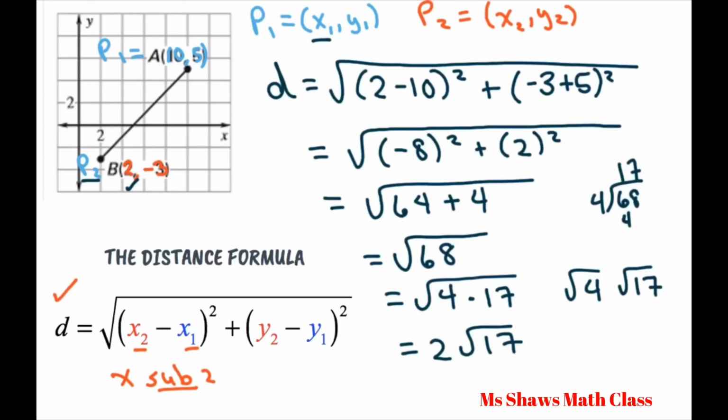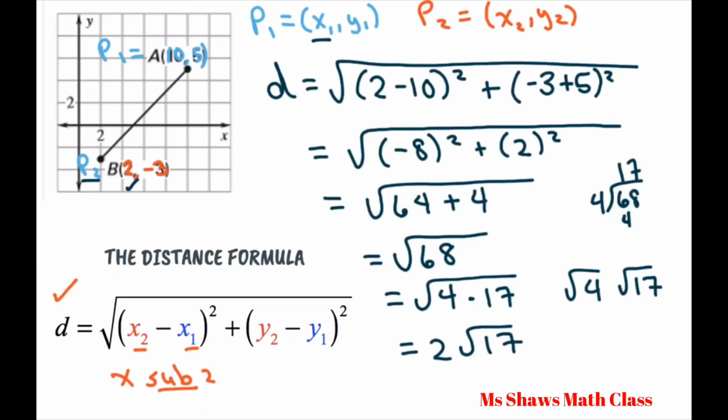And the last one, the school to City Park. So I'll call this point 1 and point 2. It doesn't matter. You can reverse them if you want. You'll still get the same answer. So I'm going to take negative 2 minus 2 squared plus negative 6 minus 4 squared.